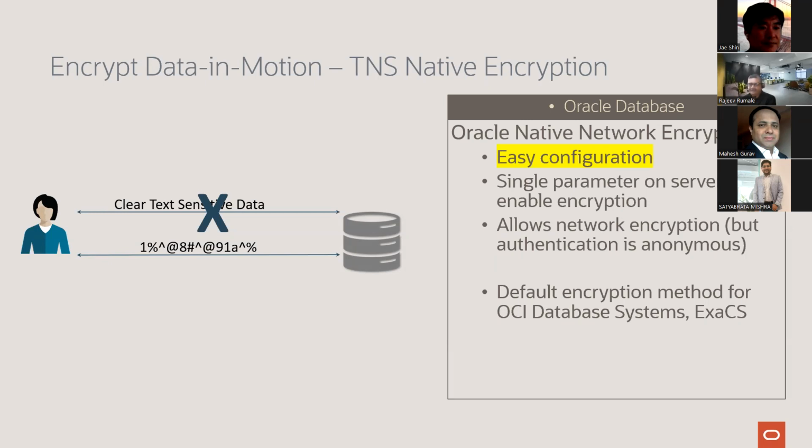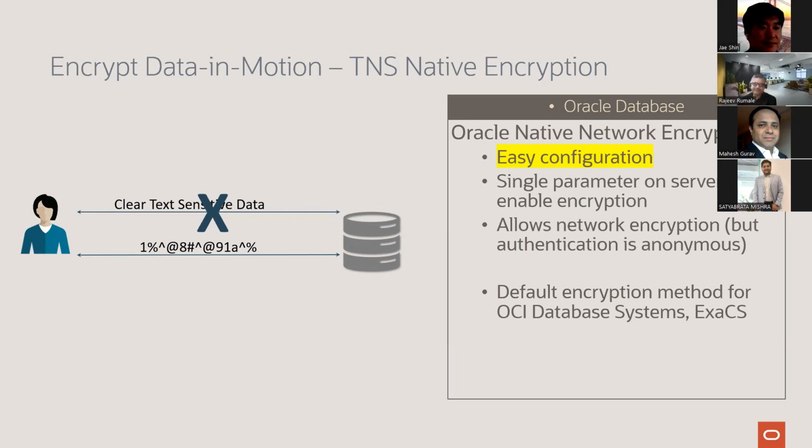In this case, there is no certificate involved, right? So we are depending upon the native encryption. When a connection request is sent, the client and the server internally communicate and decide on a key, and they will use that key to encrypt all the data for that session, for that connection, right.